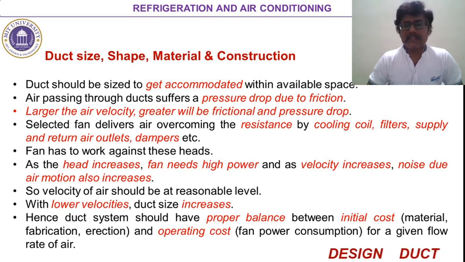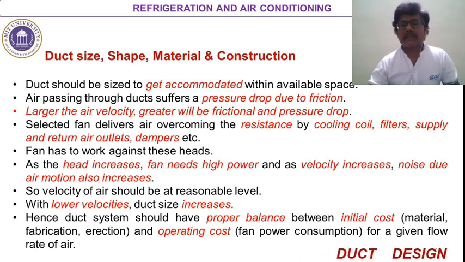All these are the initial costs, and the running cost as well, which is the power required for the operation of the fan. This should be there for the given flow rates of the air. So we should maintain a proper balance between these.